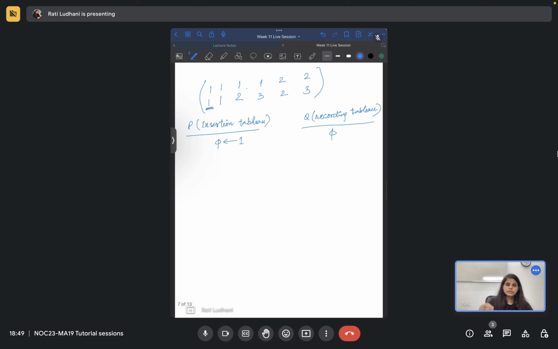How we insert any number into any tableau, we will do that process here. So we are inserting 1, and because there is nothing in the first row, you'll just add it in the first row. First row means that is the only row right now you have. Corresponding to this one, the recording will be done in terms of the row number, so you'll get just 1.